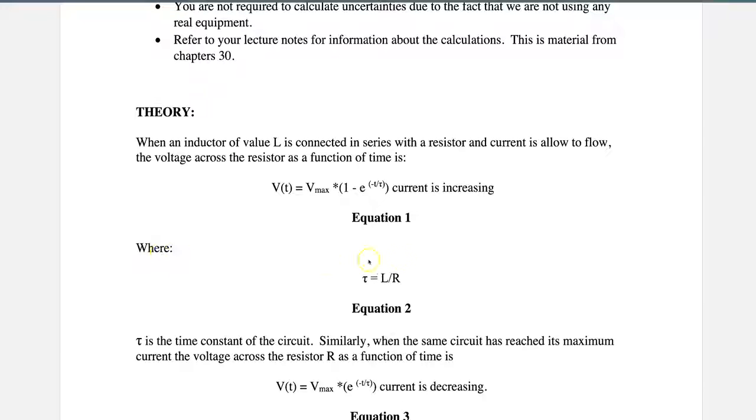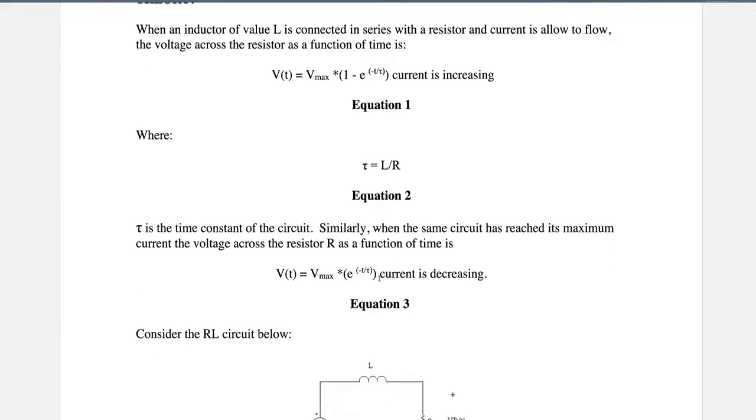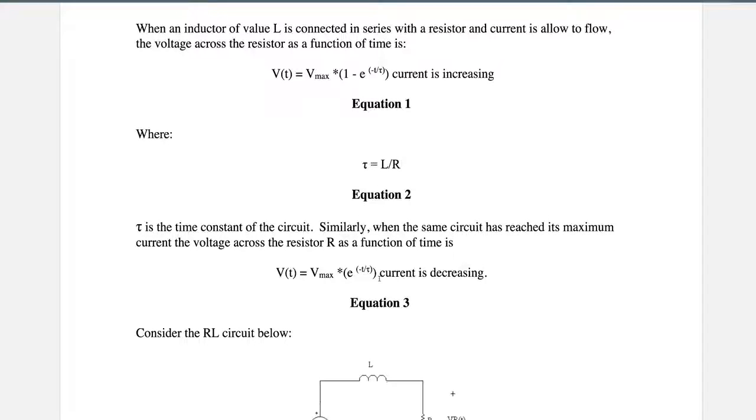Tau is the time constant, it has units of seconds, and it is L over R. We know R, so we will be able to get the value of L.